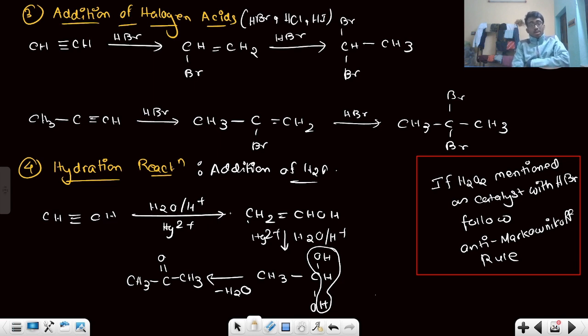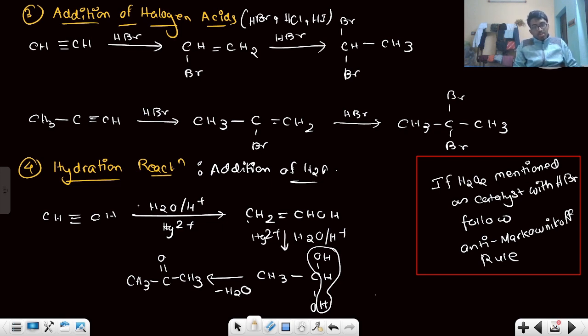So you can see the reagent has Hg2+. Any compound of Hg which has the Hg2+ oxidation state can be given in the question paper, and instead of H+ I can give H2SO4. So please remember that if the reagent is given as H2SO4 with HgSO4, do not get confused. That is nothing but the hydration reaction only. The same thing will happen.